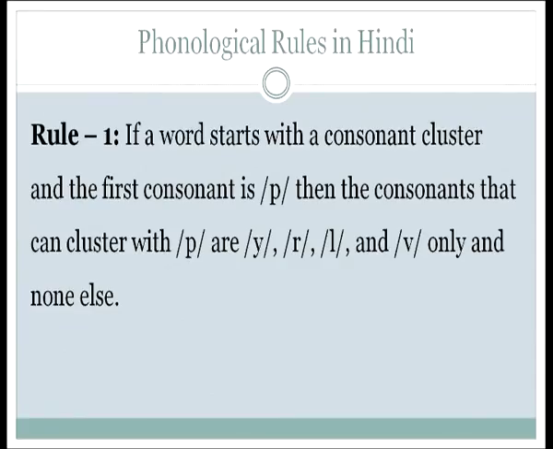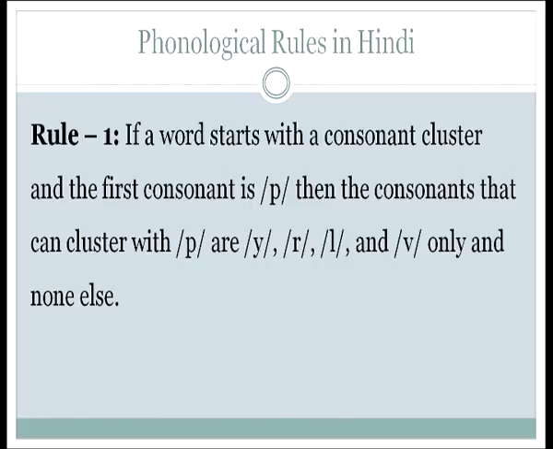Now, in a language, there are different rules which govern a particular language. So if we talk about Hindi, then the rule comes that if a word starts with consonant cluster and first consonant is P, then the consonants that can cluster with P are Y, R, L and V only and none else.